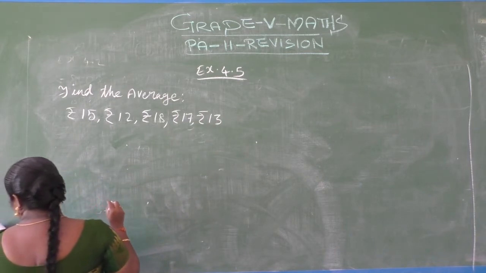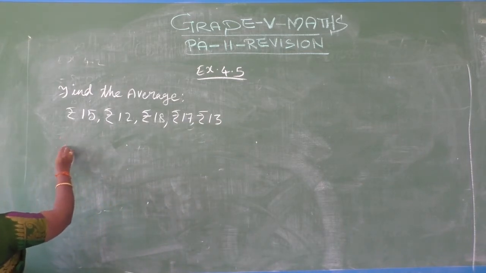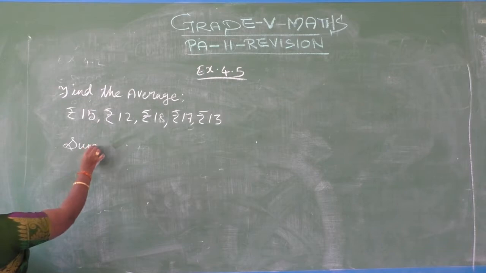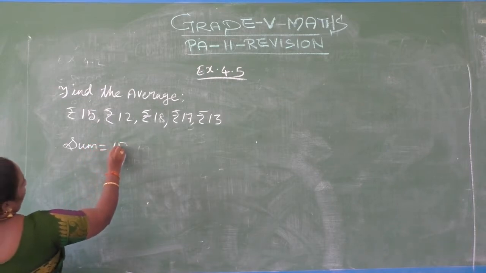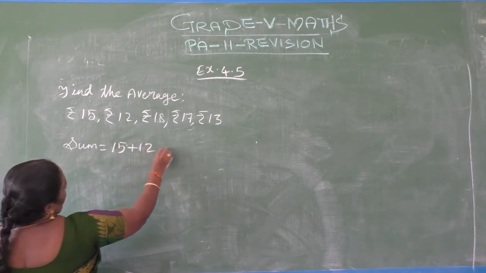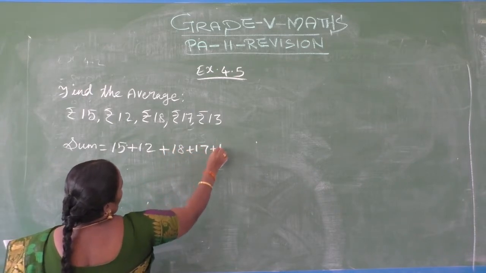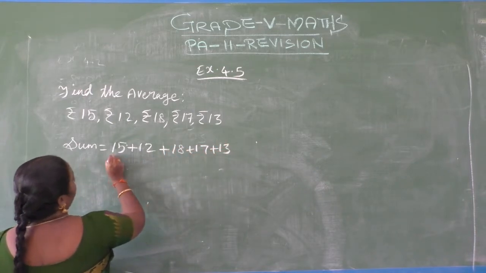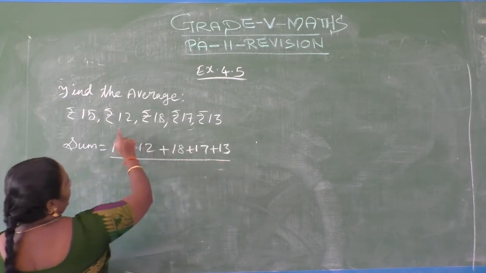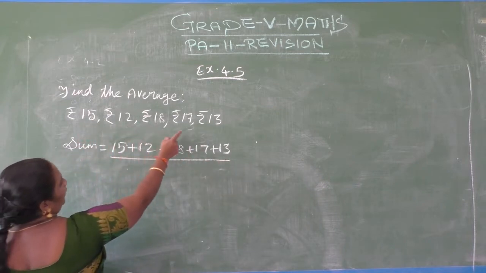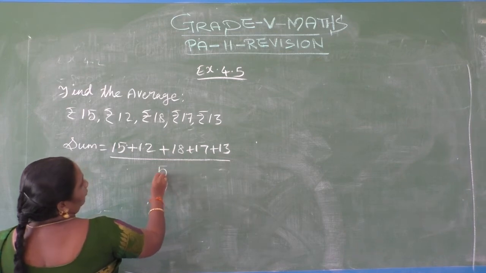Average means first you have to find the sum of these numbers. Sum means you have to add: 15 plus 12 plus 18 plus 17 plus 13. Then you have to divide this sum by how many numbers they gave: 1, 2, 3, 4, 5. You have to divide by 5.